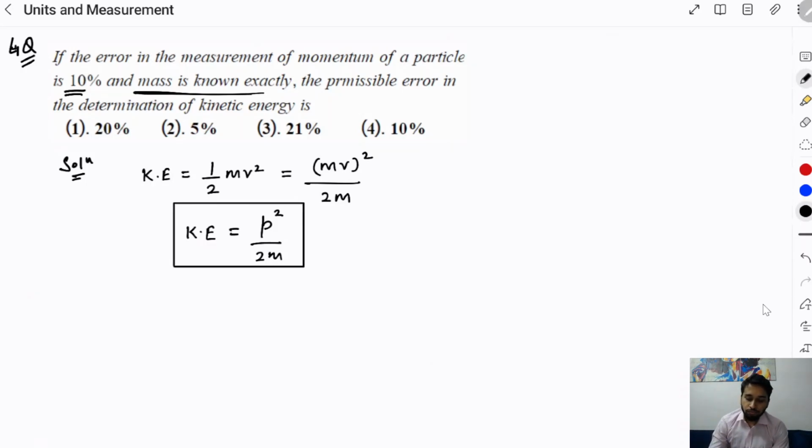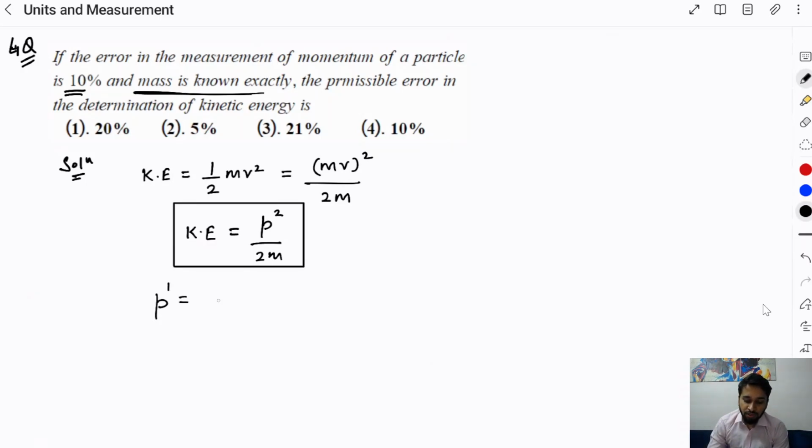Okay, now so the true value is p square by 2m. Now if we see with the error, how much will be the kinetic energy with the error, then for that we need to find the new value of momentum with the error. So the error in the measurement of momentum is 10%.